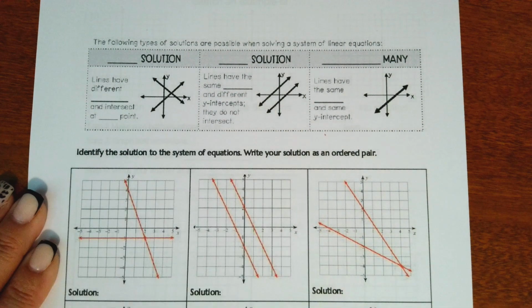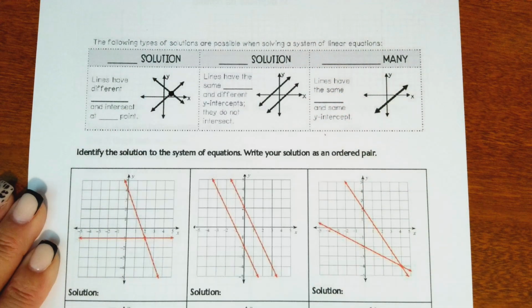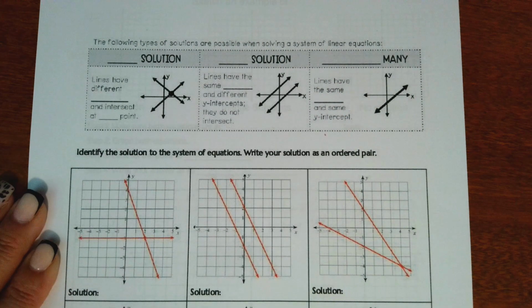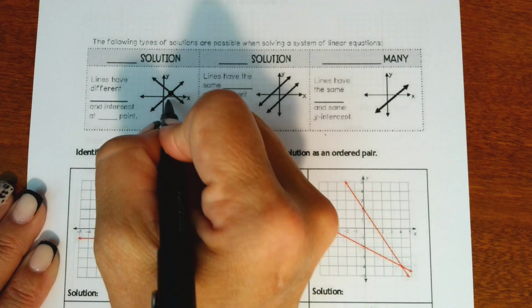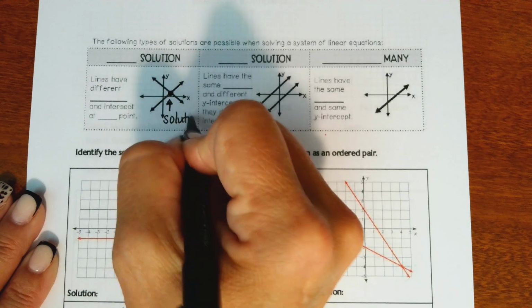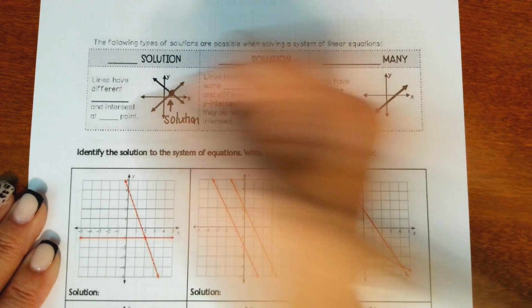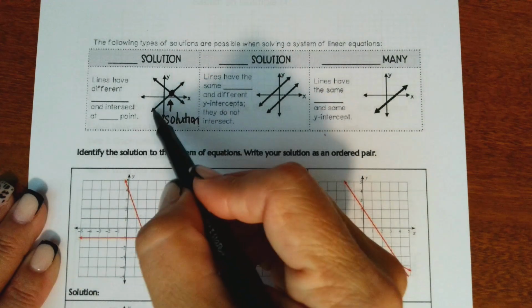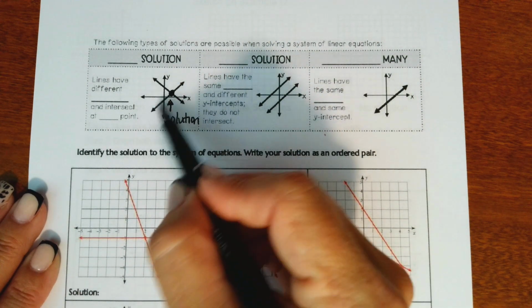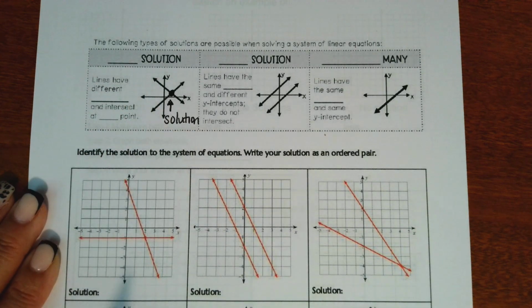When you look at the graph, you can clearly see that these two lines only intersect at one point. That is going to be your actual solution where they intersect. If you look at the two lines, you'll notice one is going up with a positive slope and one is going down with a negative slope.